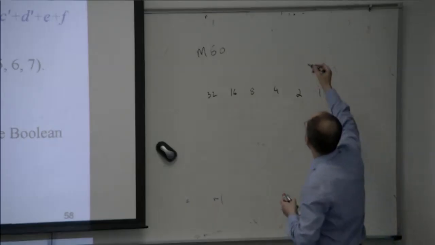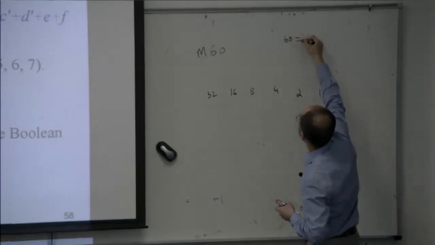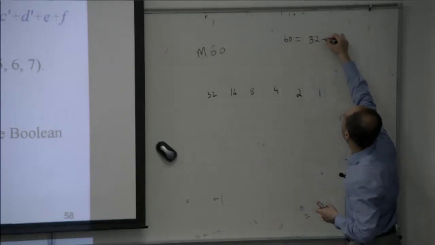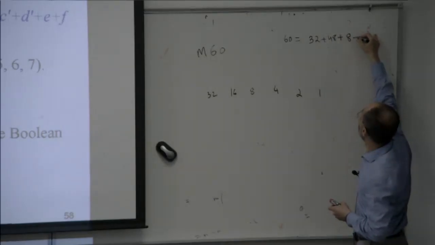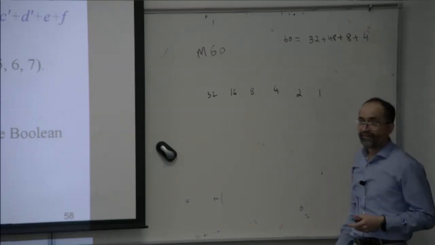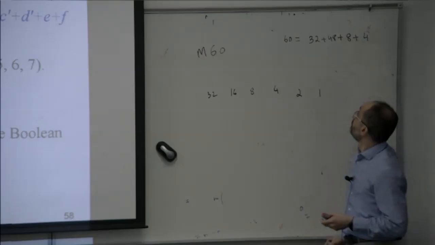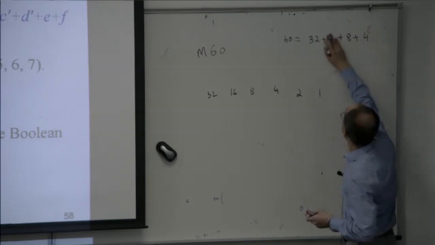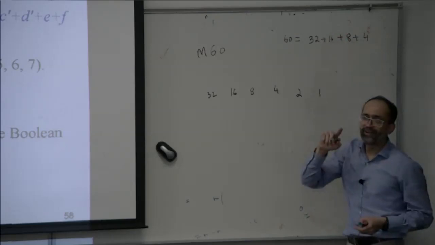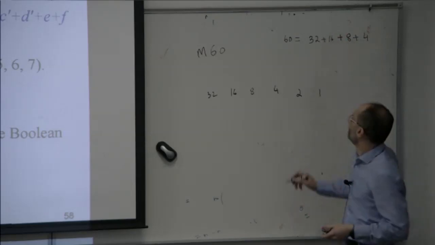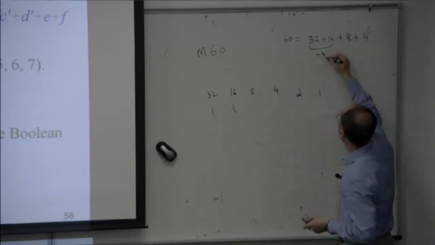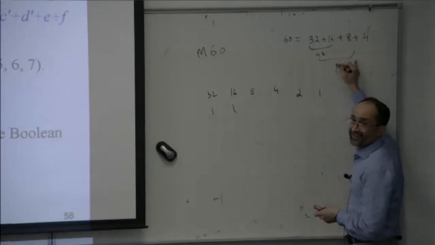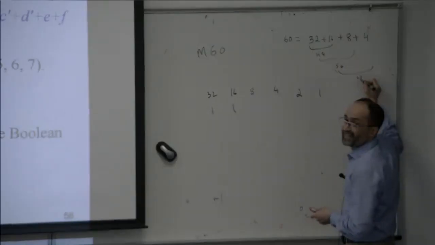How can we get 60? 32 plus 16 is 48, plus 8 is 56, plus 4 is 60.